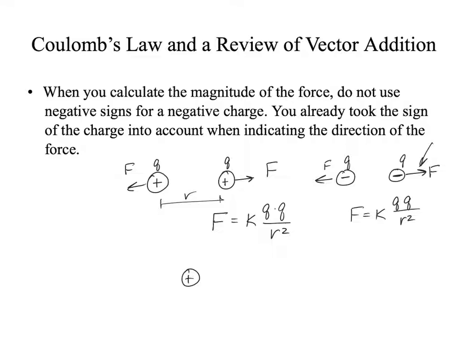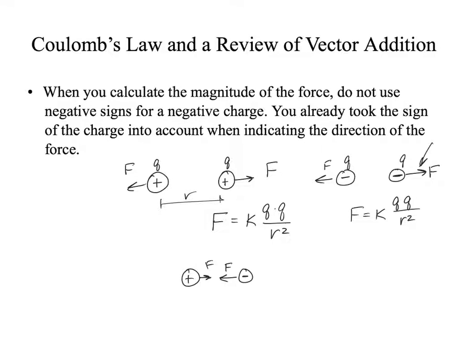Similarly, if I had a positive and a negative charge, I would draw the forces like this. And again, if I would calculate the force of attraction between the two, I wouldn't make one of the Q's negative and one positive. I've already taken those two different charges into account when I drew the forces as attractive.